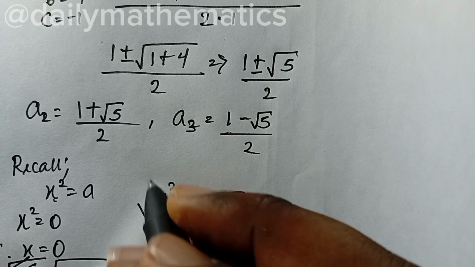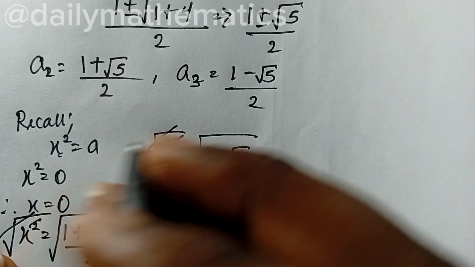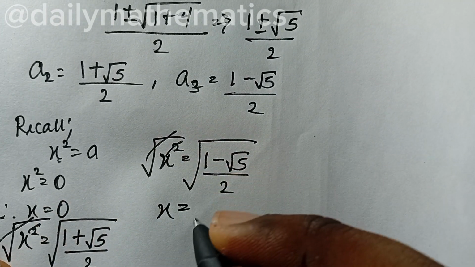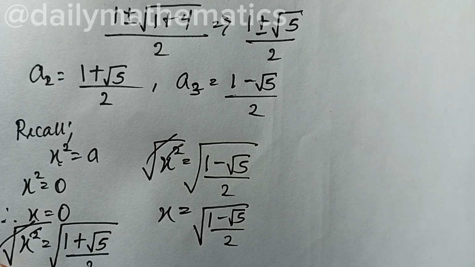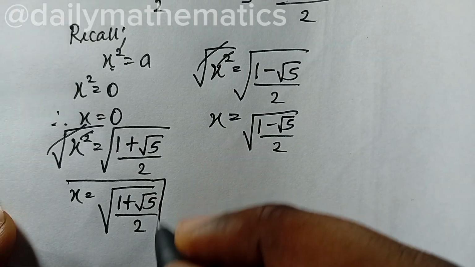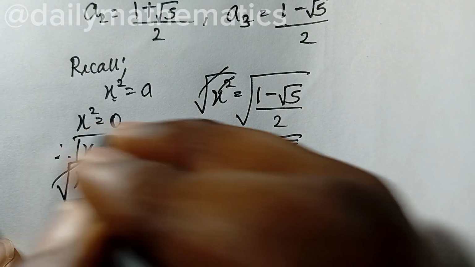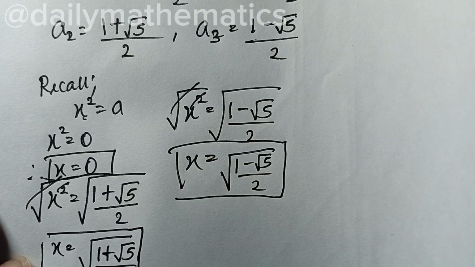We also square root both sides, square cancels square root, x equals the square root of 1 minus root 5 over 2. So these are all the solutions. We have this one here, this one here, and this one here.